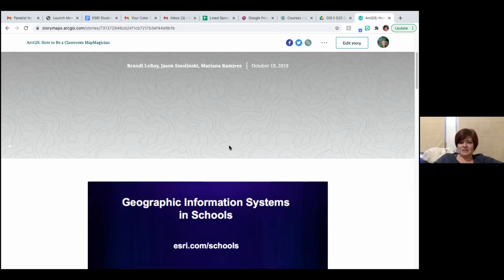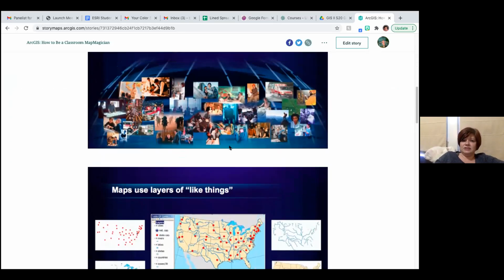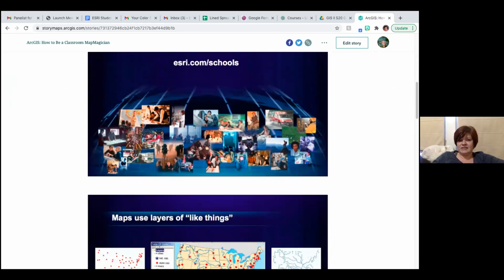There are resources out there. ArcGIS is put out by a company called ESRI. Back under Obama's administration, he asked companies to help out schools, and ESRI took that challenge and gave every school in the United States a free organization account.